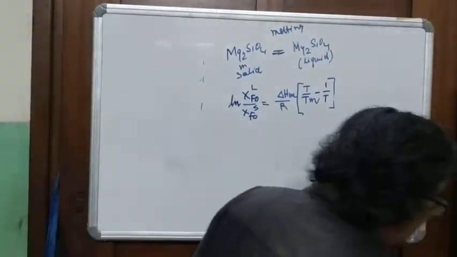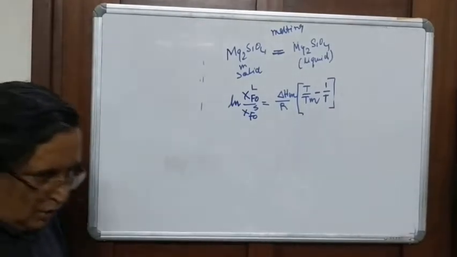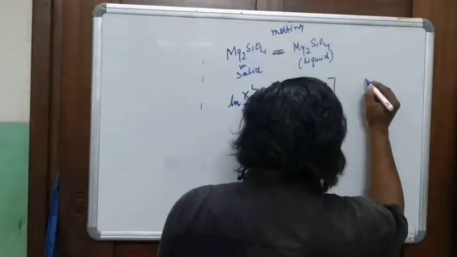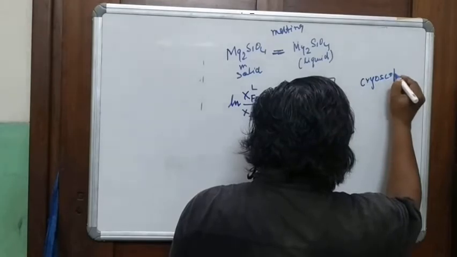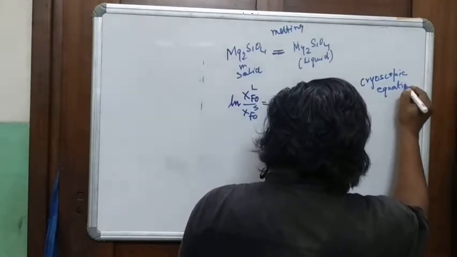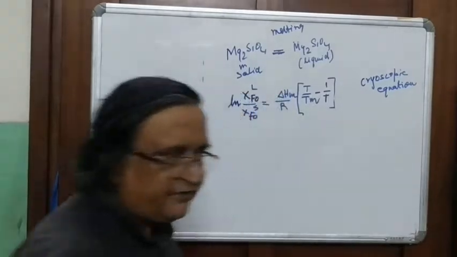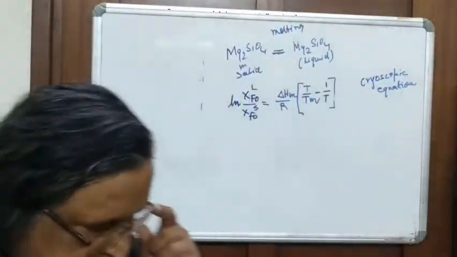Now you see, this is a very famous equation. This is called the cryoscopic equation, if you remember. Or it's called the equation for depression of melting point or freezing point.